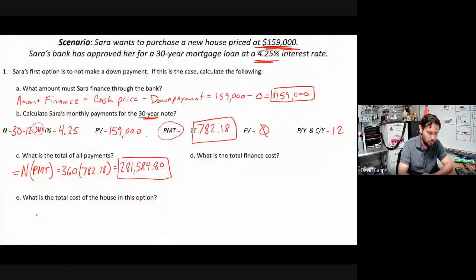I'm going to change the color here a little bit. To figure out that total finance cost, we take the total of all payments minus the amount financed.